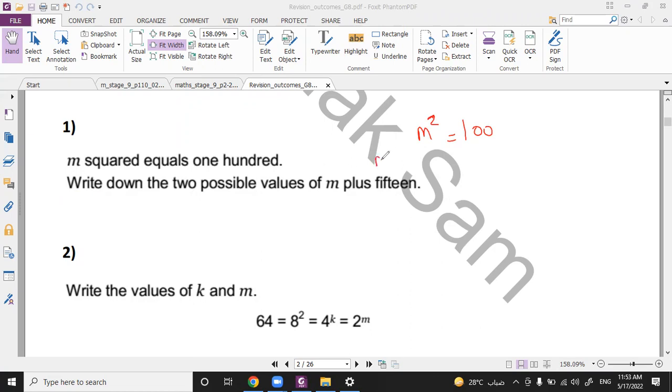The first value for M equals 10, and the other value, M equals minus 10. So for the first value, 10 plus 15 is 25, and minus 10 plus 15 is 5. Okay, so we have 25 and 5.